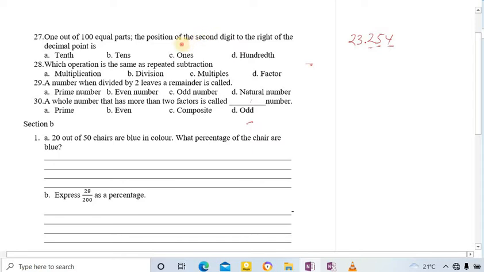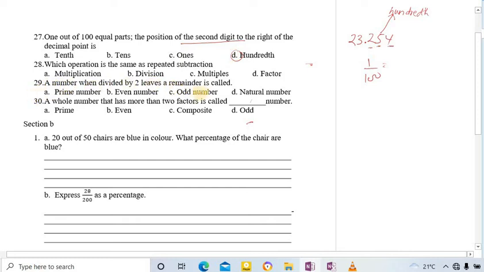So the position of the second digit to the right of the decimal point is this guy. So that will be a number like this. I just use this number to help us. That would be 1 over 100, or just from the words, 1 over 100. So simple. Alright, 28.